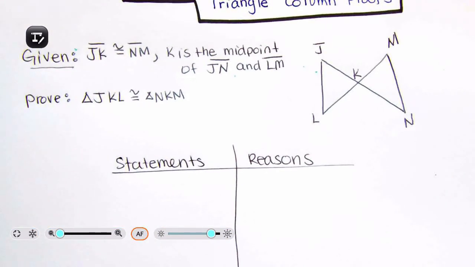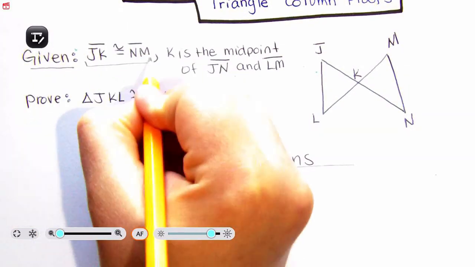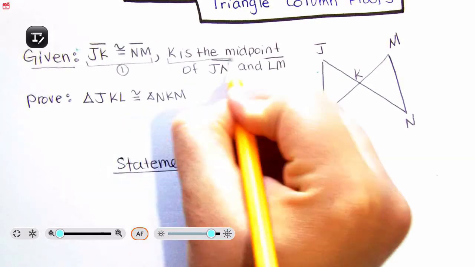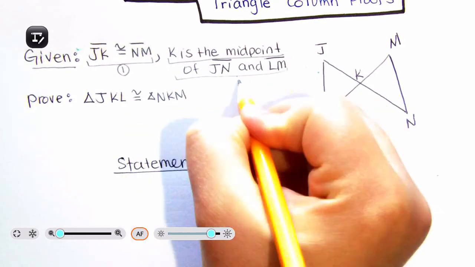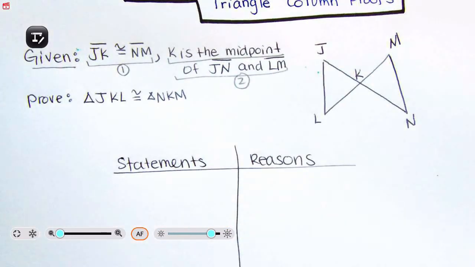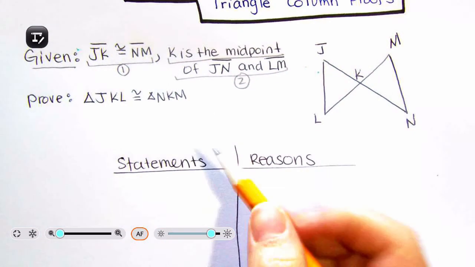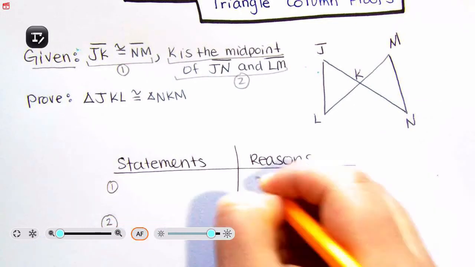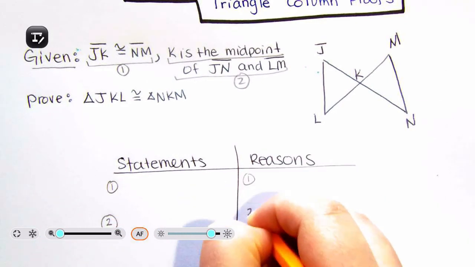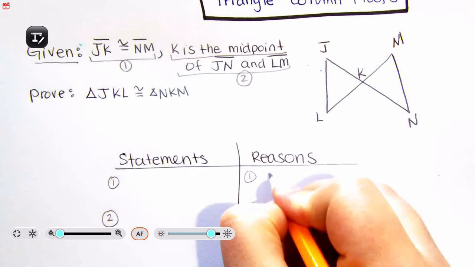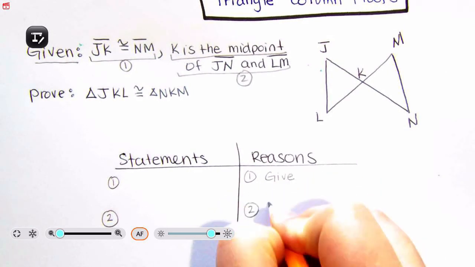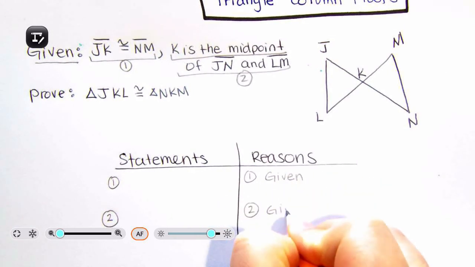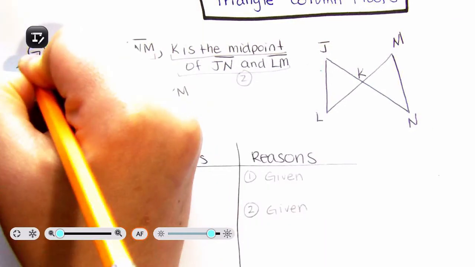Your given are the statements. Here's your first statement, here's your second. It's always good to separate your given information with the commas they provide. So we have 2 given statements. Your reasons are always going to be given if you get the information from them. See, given.